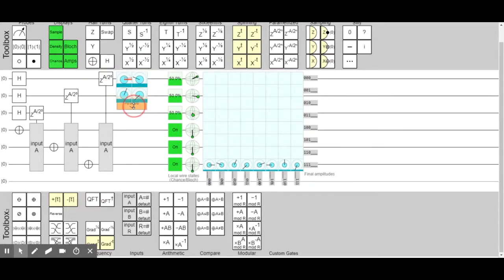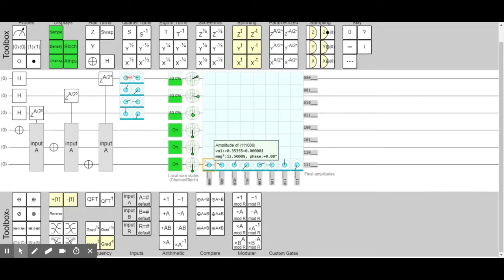I just wanted to see from these guys. I don't know if I can. How can I read that?